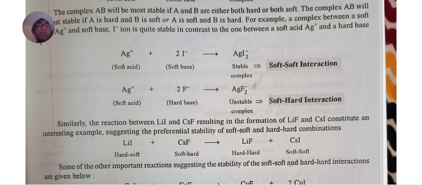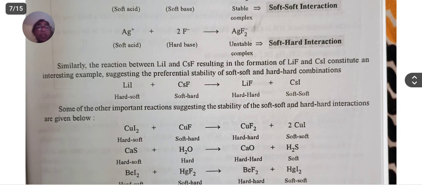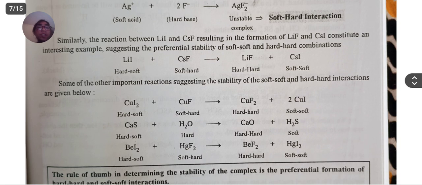Similarly, the reaction between LiI and CsF resulting in the formation of LiF and CsI constitutes an interesting example, suggesting the preferential stability of soft-soft and hard-hard combinations. Hard, soft, hard, soft. Some of the other important reactions suggesting the stability of soft-soft and hard-hard interactions are given below.